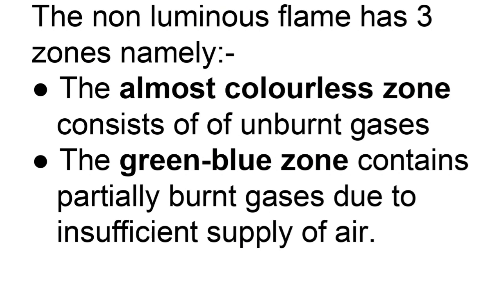You see, the green-blue zone is found somewhere in the middle of the flame. So at that point, there is not much air and therefore burning is not complete. Though it is taking place, it is partial. The burning is partial, hence the production of the green-blue zone.